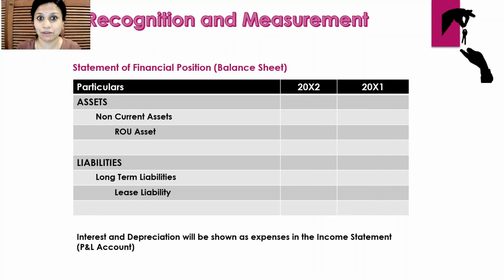All that I have discussed now will be much clearer to you when we actually solve accounting problems. Right, so this is a very short video where I have only discussed the theoretical concepts behind solving lease accounting problems. In the next video, I will be taking up examples on how to actually recognize and measure a lease in the books of the lessee.